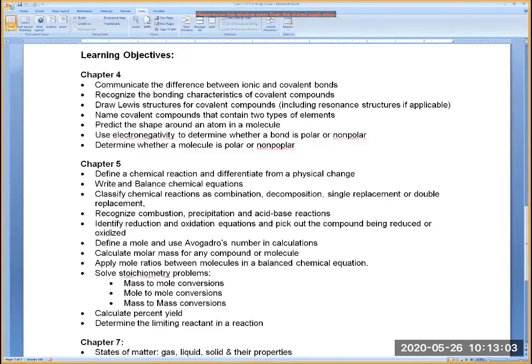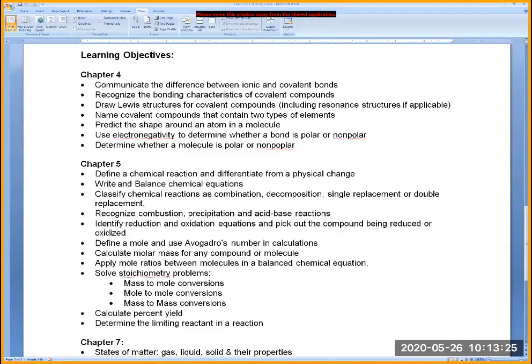But if electrons are shared equally, it's a pure covalent bond. In ionic bonds, the electrons are transferred from the metal to the nonmetal. That's also a difference: covalent compounds are made of nonmetals only.